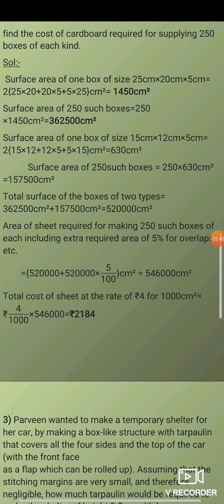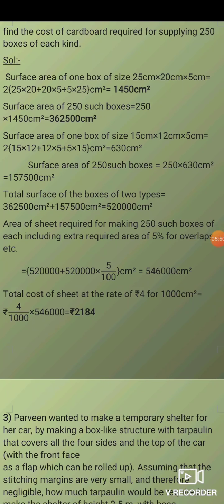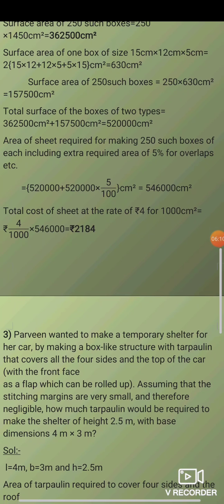Now at last we need to find out the cost of the sheet at the rate of ₹4 per 1000 centimeters square. So 4 by 1000 into 5,46,000, which is equal to ₹2,184. Okay students. Now the next one.